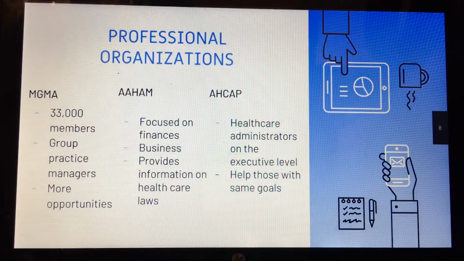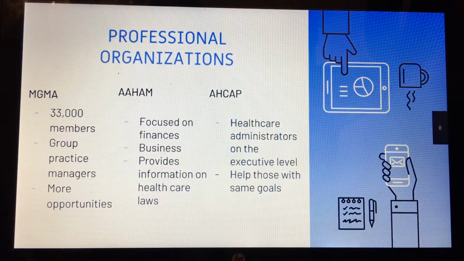Professional organizations. Here are three of them. There were about six that really stood out compared to other ones. The first one is MGMA, which is the Medical Group Management Association. They have 33,000 members.